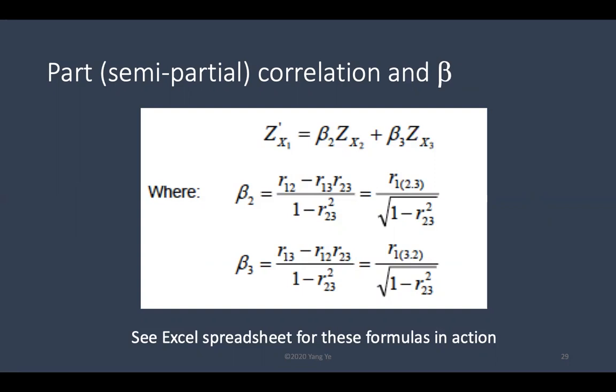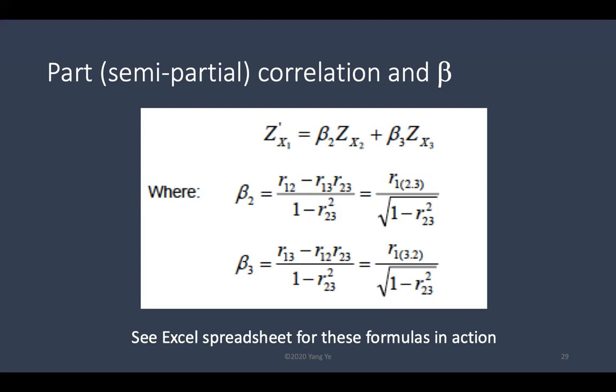And so beta 2 is basically the part correlation between 1 and 2 controlled for 3, divided by the standard error term for the correlation between x2 and x3. And beta 3 is the same. So they're scaled part correlations, you can say.